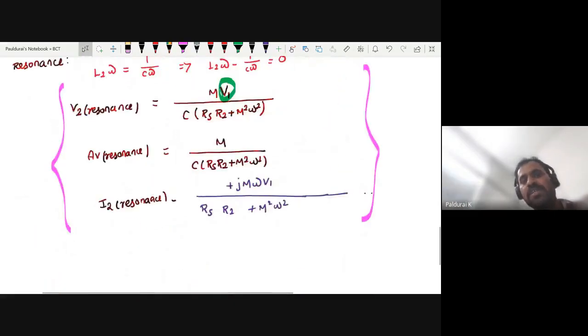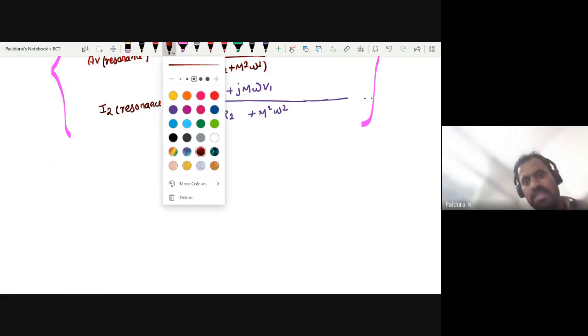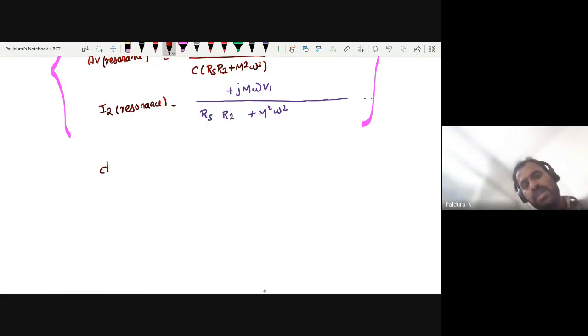Six formulas, right? And the final one, maximum voltage. When will we get maximum voltage? Any idea? With respect to what? The output voltage.